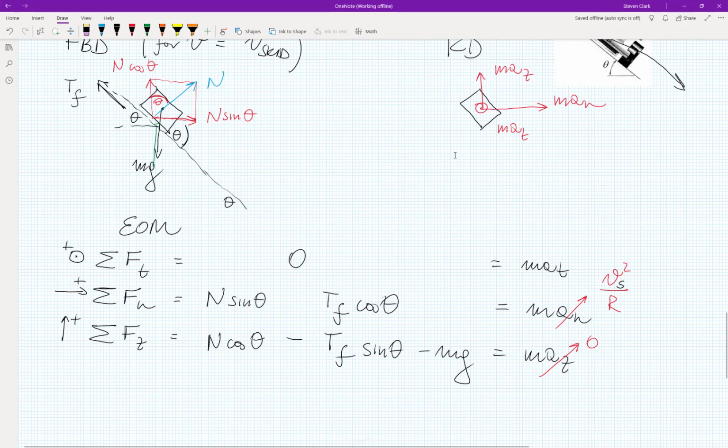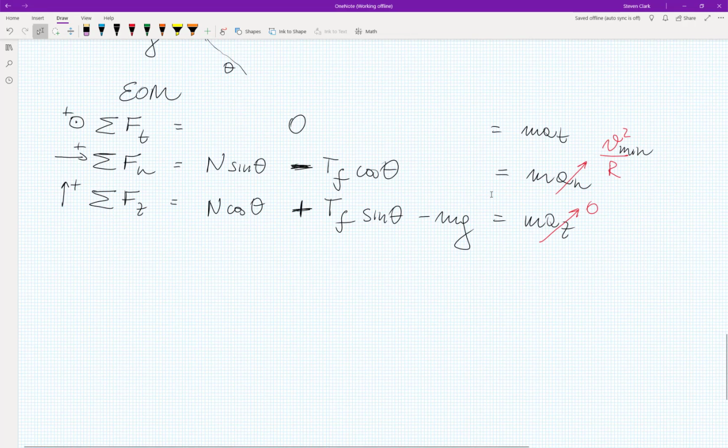I just have to flip this sign and this sign. It was before plus, so now it will be minus. And this one was before minus, so now it will be plus. Yes? Okay, and they ask us to find velocity min. So instead of Vs, I will put min in here. Okay, guys. So if you want to solve this for V min, this is what you would obtain.